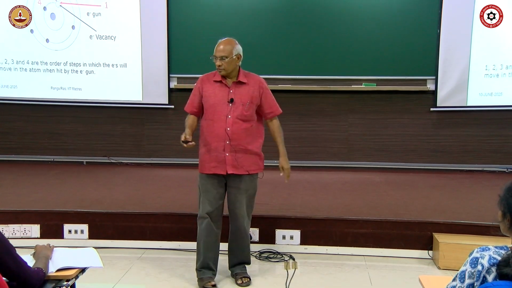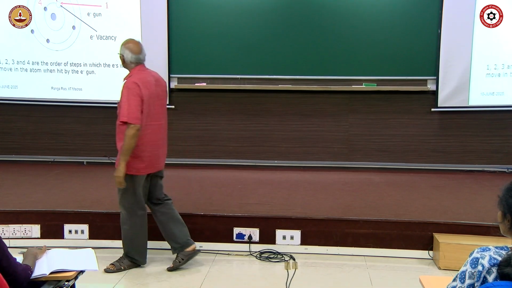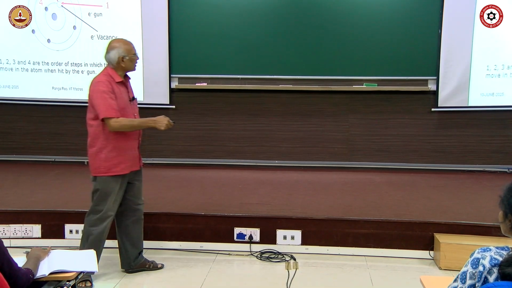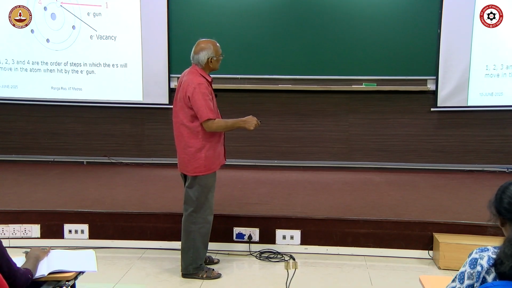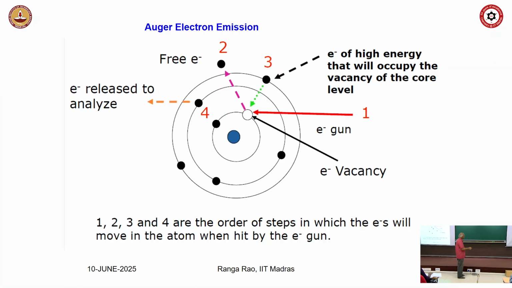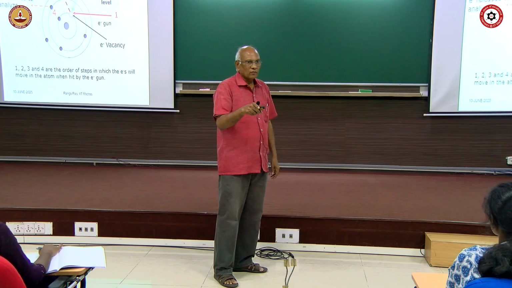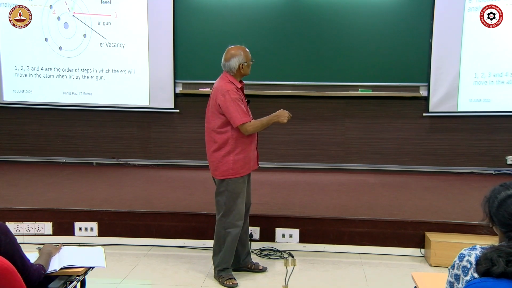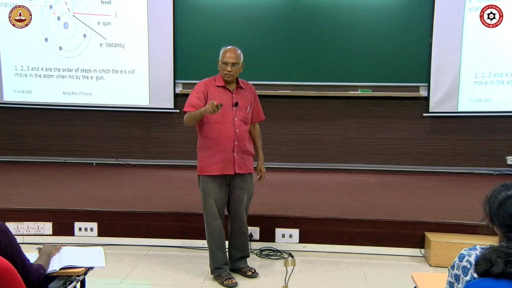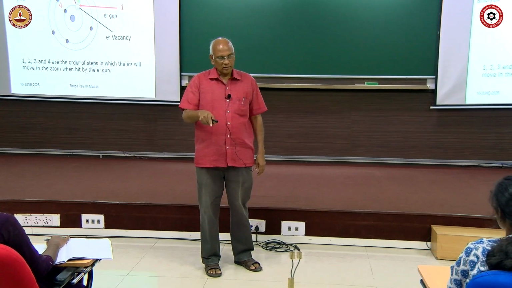So just to recall again, this is the kind of an atom. We have a nucleus, core electrons, valence electrons, and so forth. Instead of using X-ray, if you want to do Auger electron emission, one can also use an electron gun.